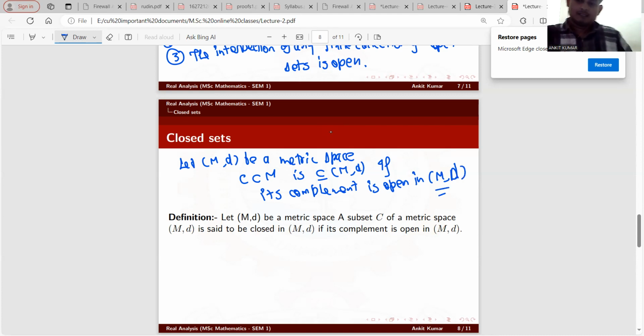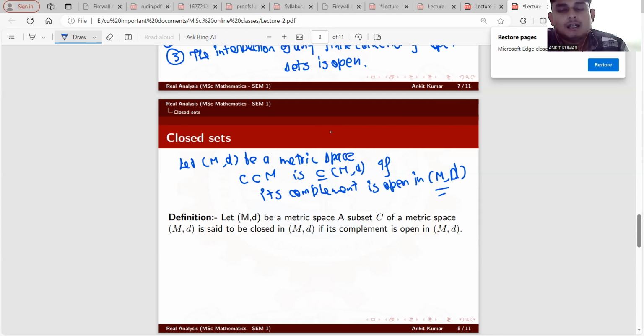So let (M, d) be a metric space, and a subset C of the metric space is said to be closed in (M, d) if its complement is open.